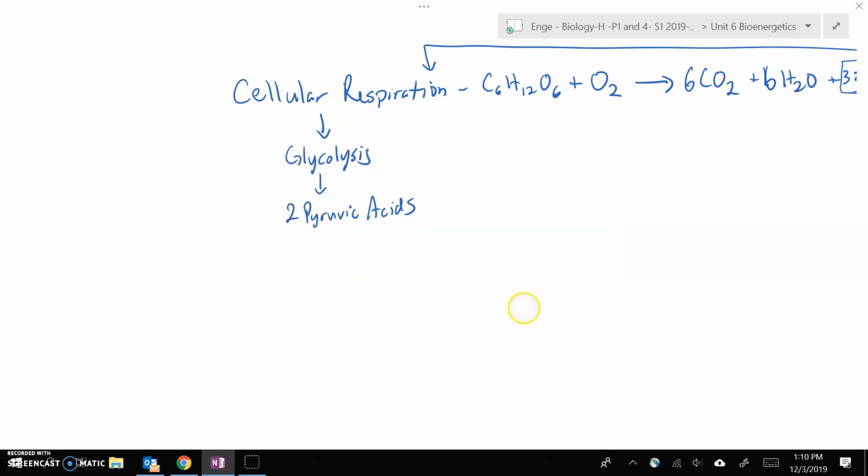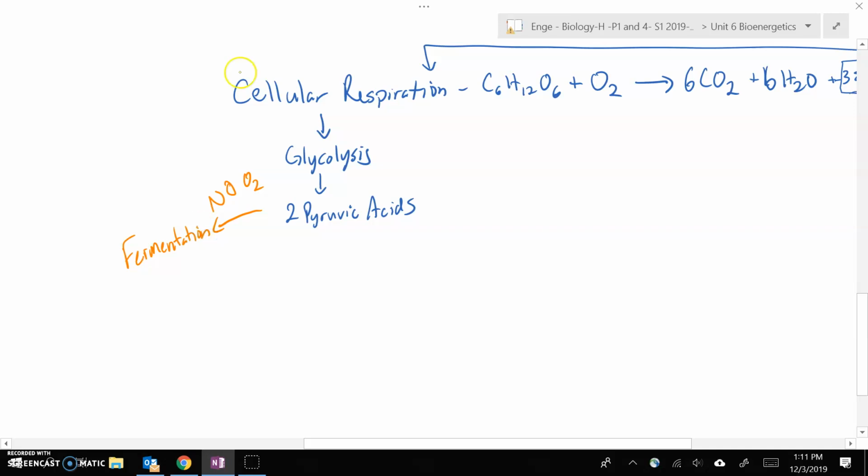Now, let's say if there is no oxygen, then what process do we go to? Well, not exactly. What process do we go to at this point if there's no oxygen? Fermentation. Right?